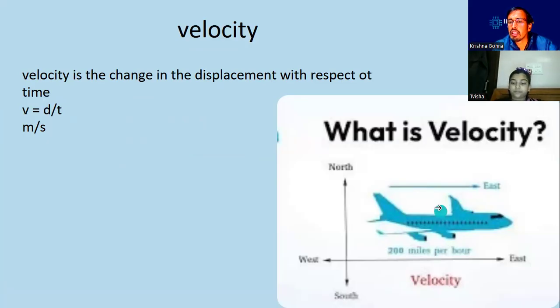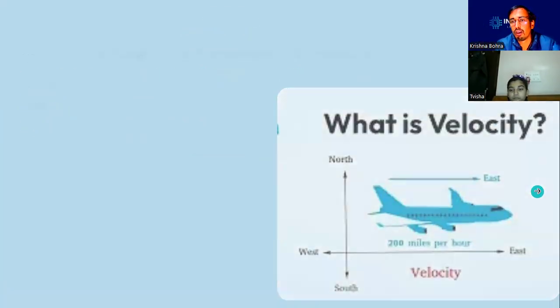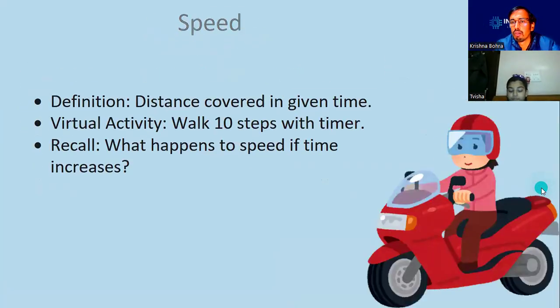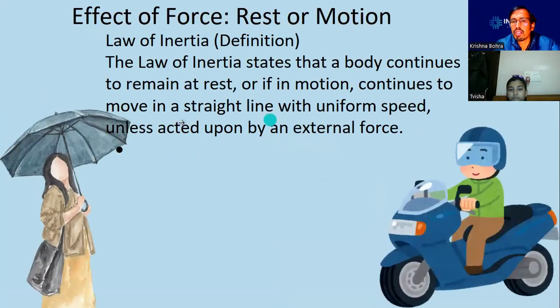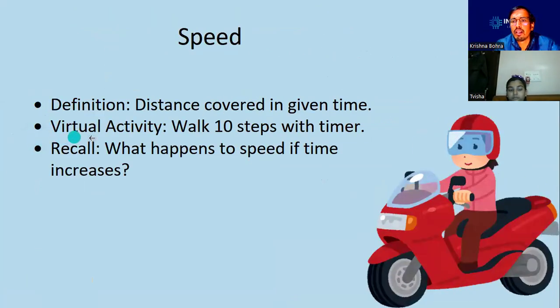If we mention the direction as well, like the plane is flying 20 miles per hour in the east direction, we are referring to velocity. Generally we say the car is traveling at 20 kilometers per hour, so we are referring to speed, not velocity.